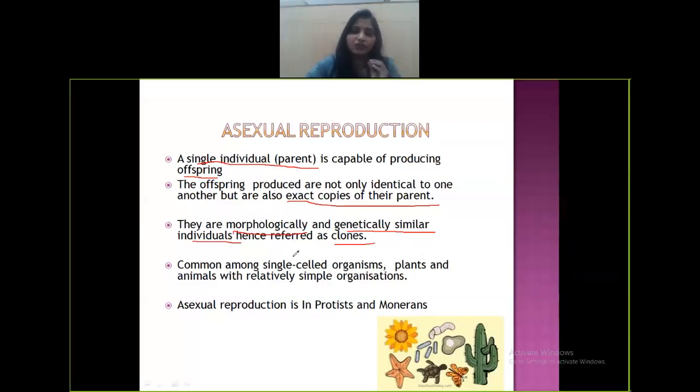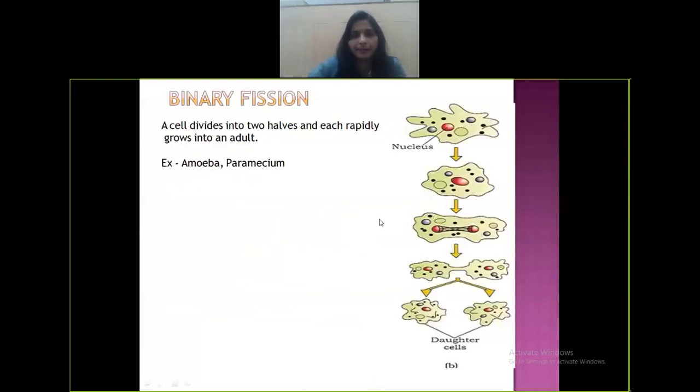And asexual reproduction is very common in single-celled organisms, some plants and some animals with a very simple organization. Simple organization over here means body organization. Asexual reproduction is seen in protists as well as the monerans, kingdom Protista and kingdom Monera.